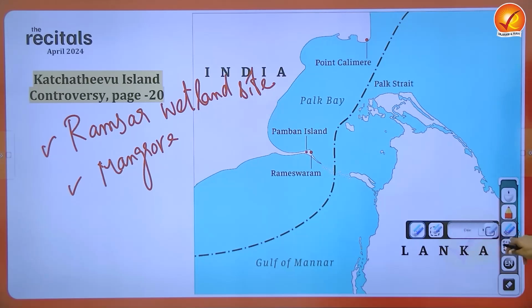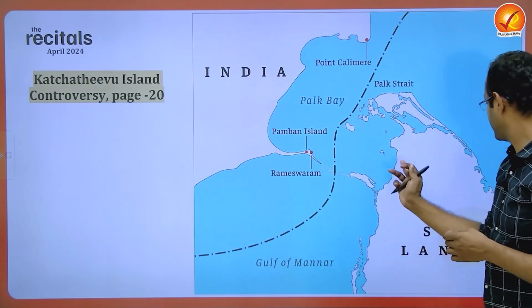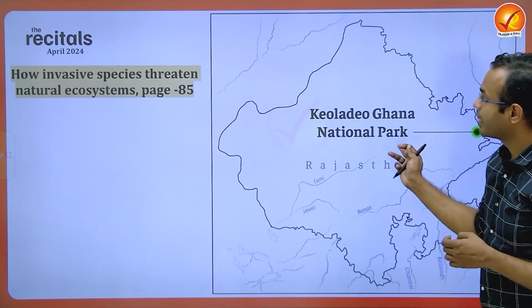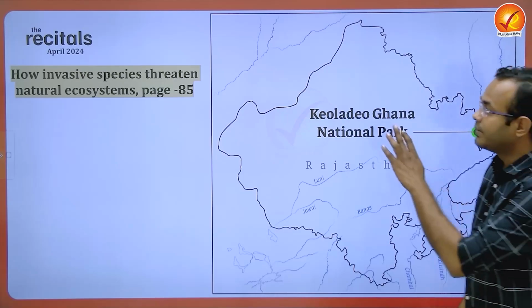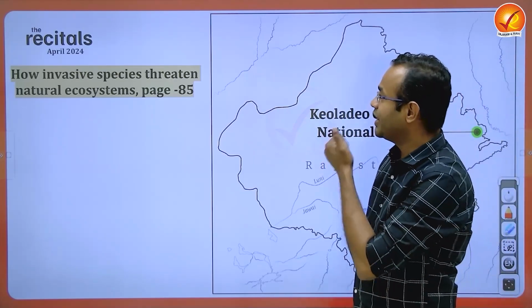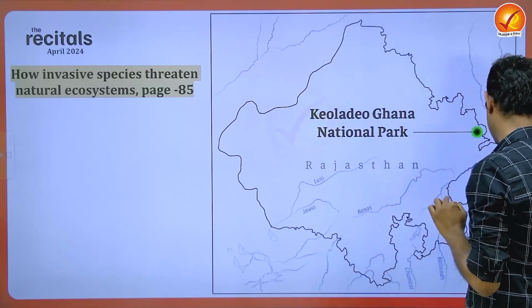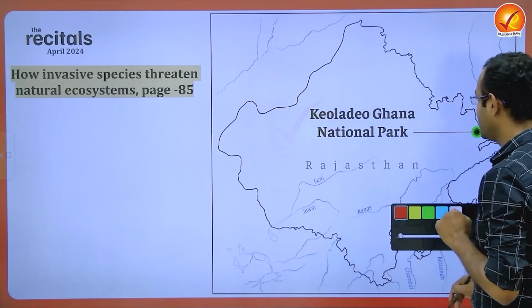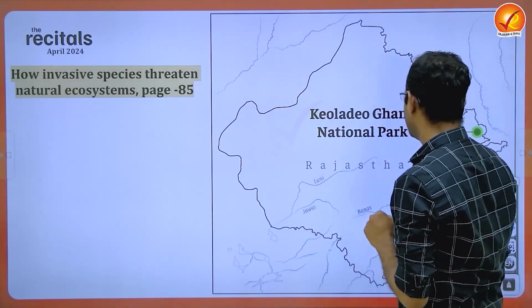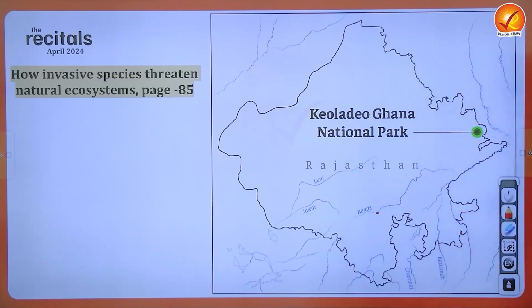Moving further, under page number 85, we have how invasive species threaten natural ecosystems. That will be covered when we take up environment and geography topics, right? Next, Keoladeo National Park.